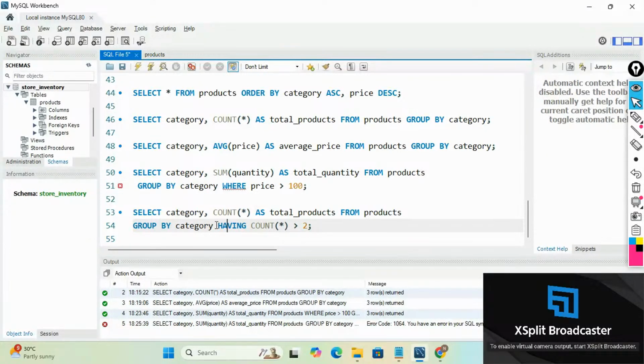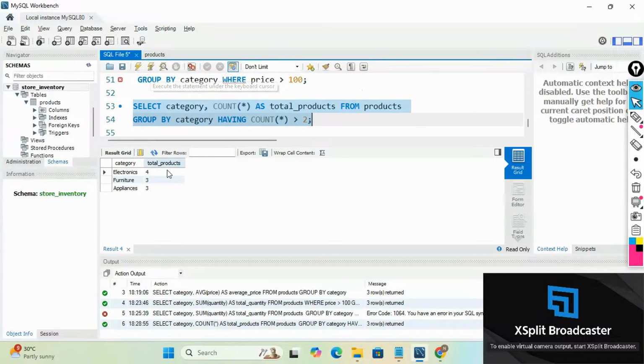So what is the condition that you see here? The condition says only if the count of this group data is greater than 2, have it in the output. If not, filter them. Probably I'll execute, then I'll explain. Shall we get 3? Yes, we'll get 3.